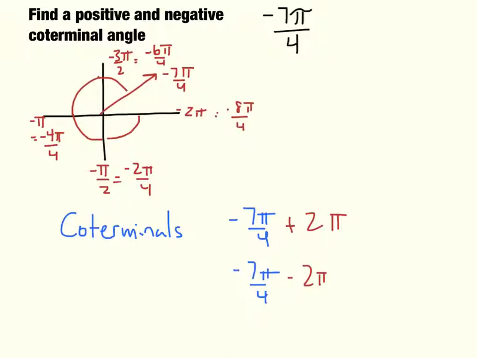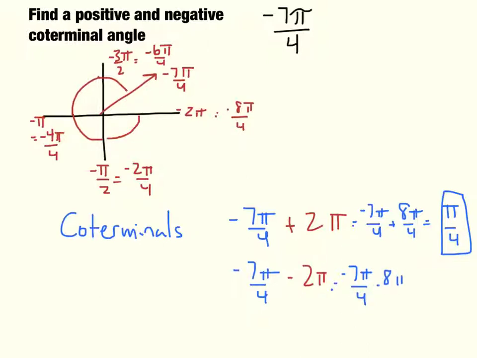Well, to add these, I need a common denominator. So negative 7 pi over 4 plus 8 pi over 4. So one of my coterminal angles is pi over 4. And then we have negative 7 pi over 4 minus 8 pi over 4. So I have a negative coterminal angle of negative 15 pi over 4.